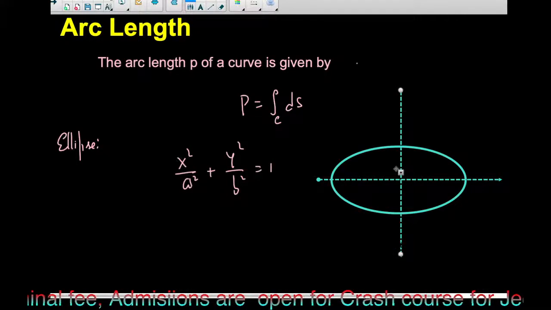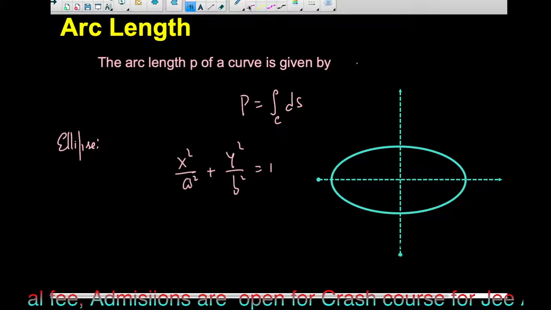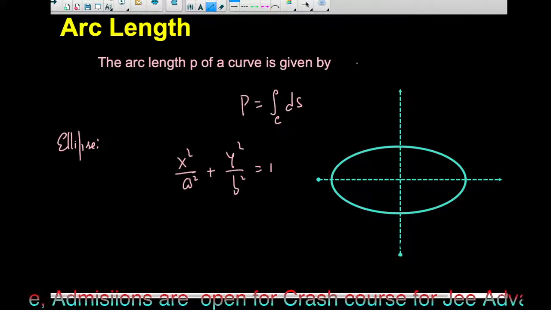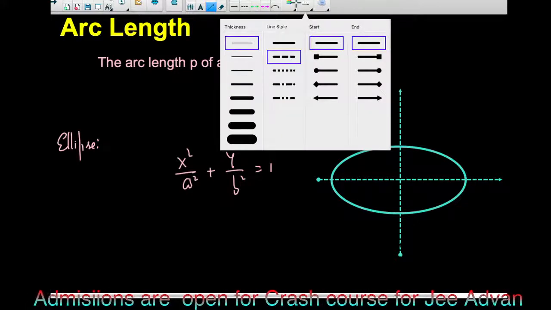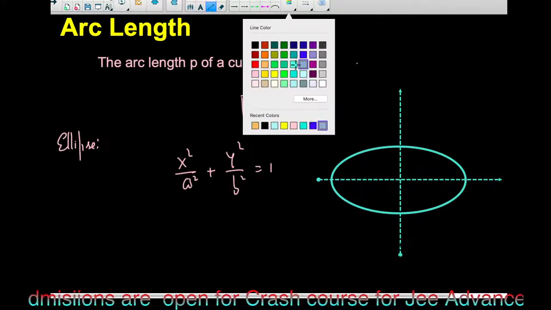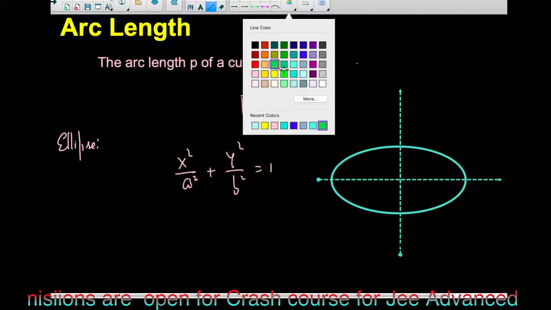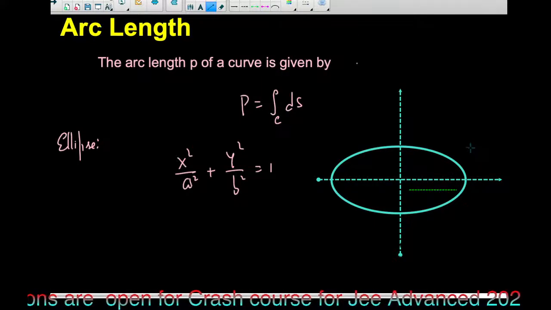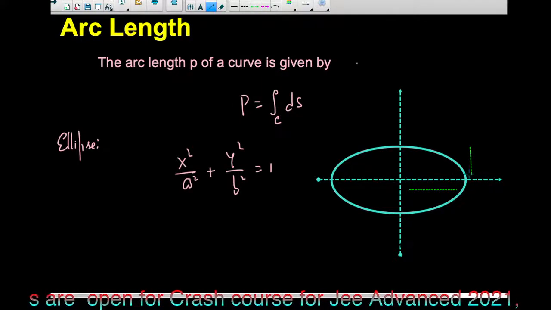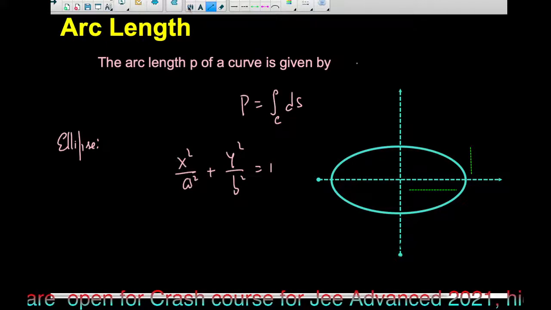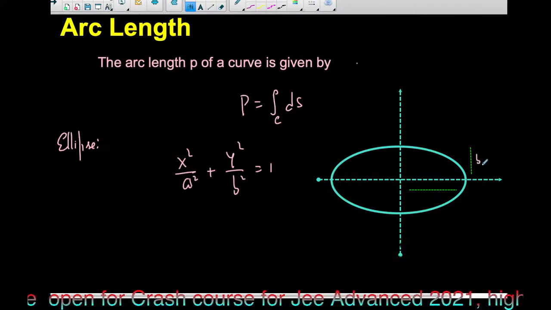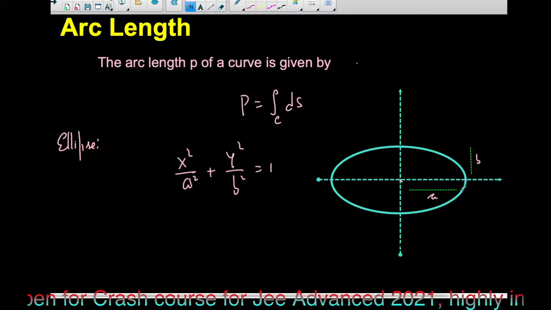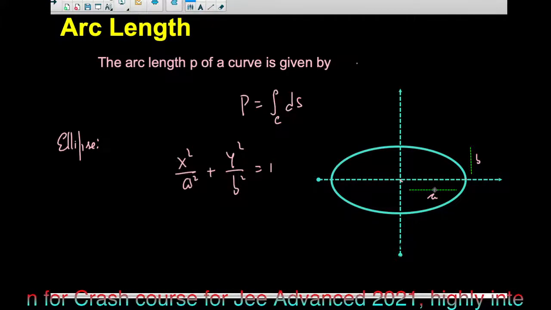This length is a, and this length is b. From here to here, this length is known as small a.